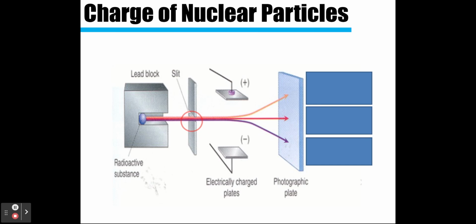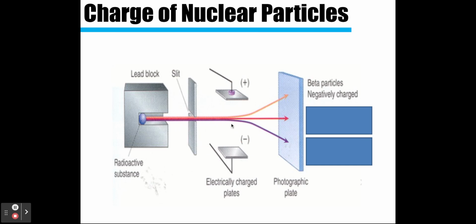If it was a positive alpha particle, remember the alpha particle is a helium nucleus, so it has two protons, which make it a 2 plus charge. And when it goes through, it's going to bend towards the negative plate. If it's a neutral particle with no charge, then it's just going to go through undeflected.